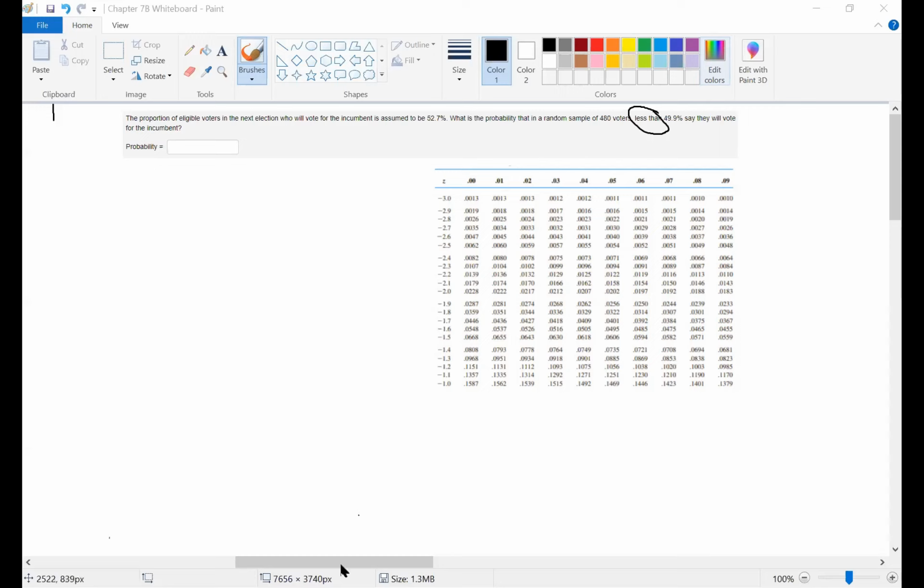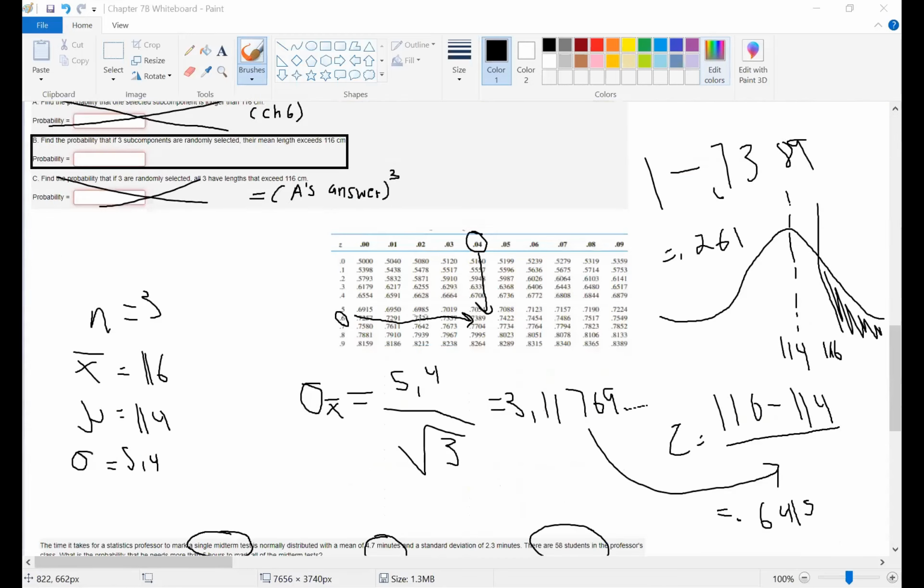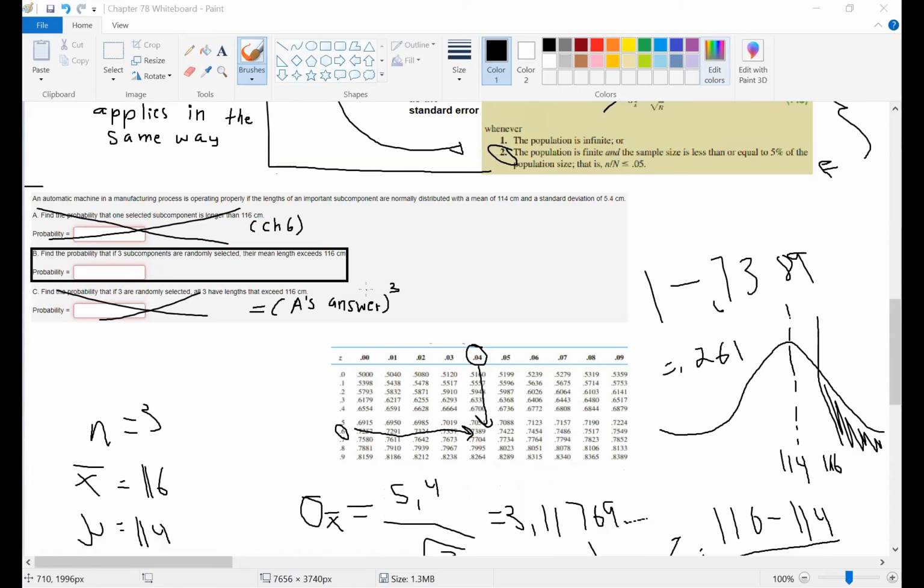The reason why we didn't multiply it by 3 in the first example was because in this case, we're talking about the mean length going over 116, because we're asking for the mean length. Whereas in the previous one, we're dealing with the probability. I know that might seem a little bit confusing. Think of it this way. The mean length of 1 subcomponent is 114.